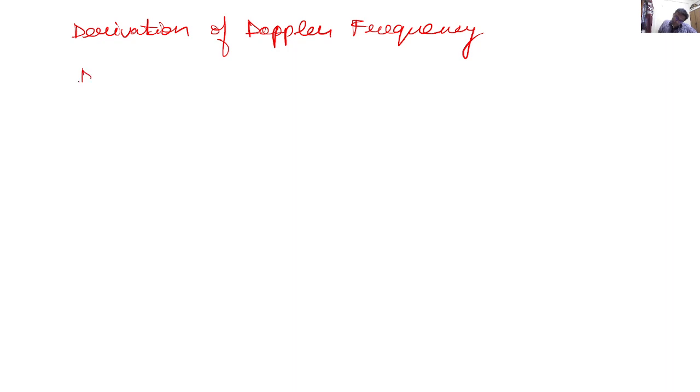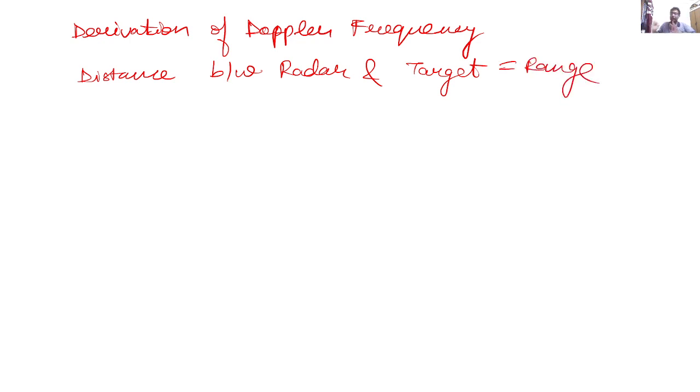So we call the distance between radar and target the range in microwave remote sensing terms. So this implies that the total distance in two-way communication. Why two-way communication?